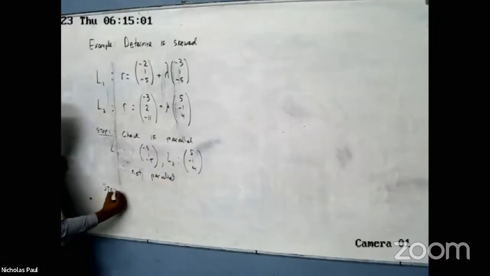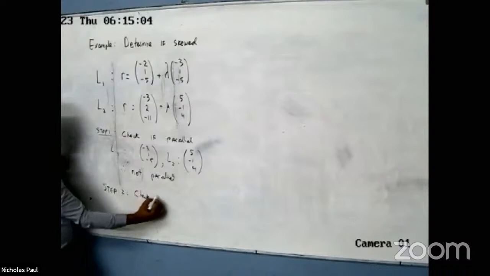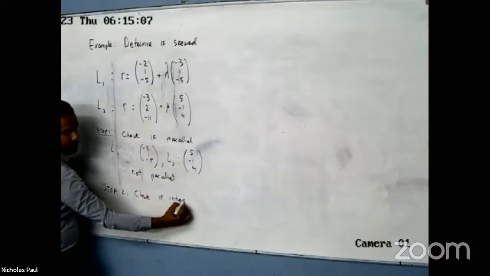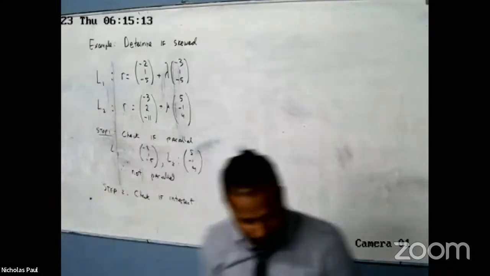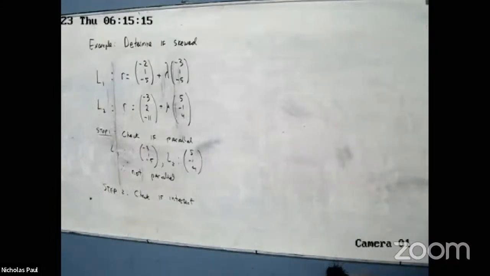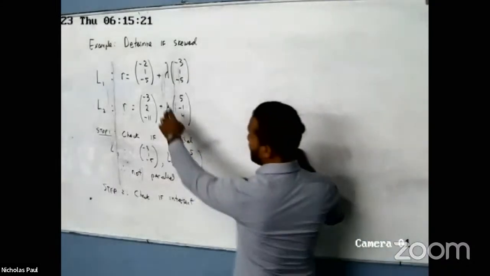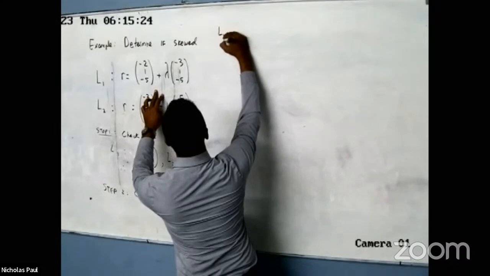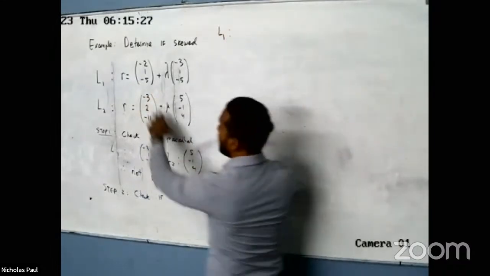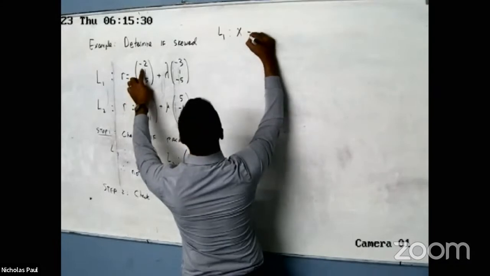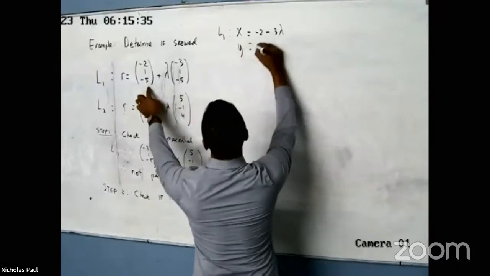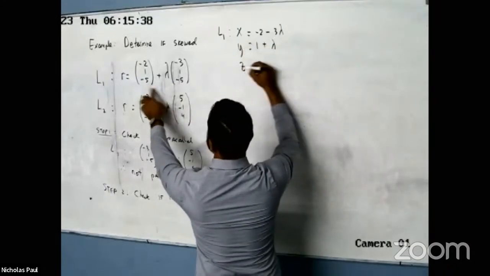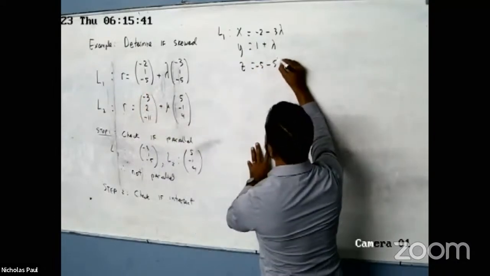Step number two, we're going to check if they intersect. The first thing we're going to do is put them in Cartesian form. So L1: x is equal to -2 - 3 lambda, y is equal to 1 + lambda, and z is -5 - 5 lambda.